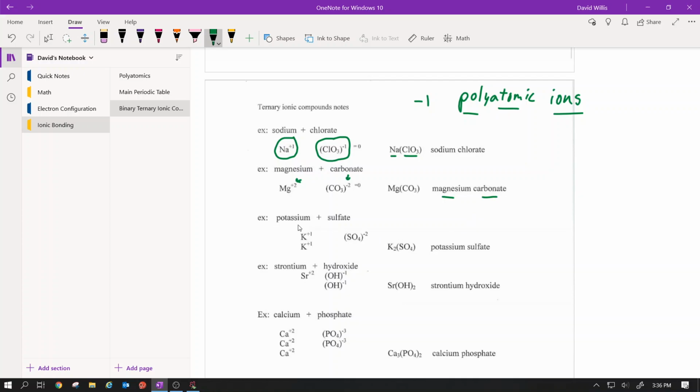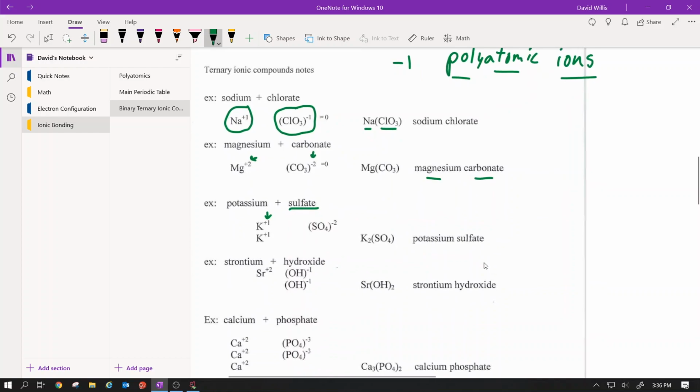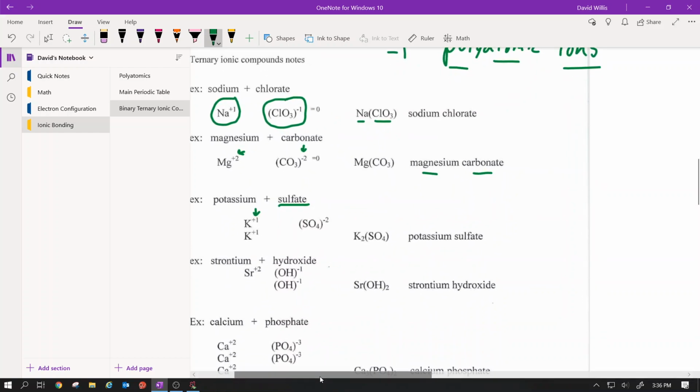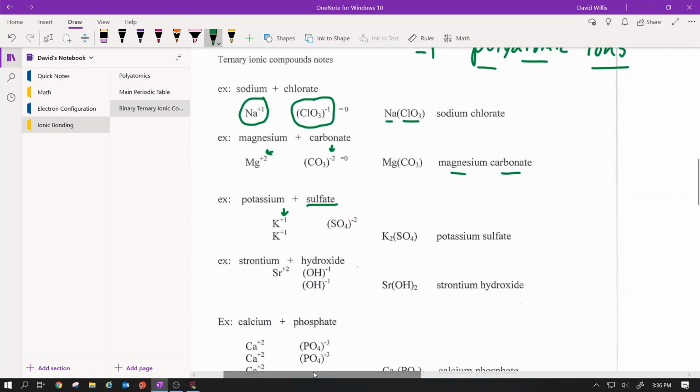But what if I have potassium, which you remember was a plus 1, and sulfate? Everybody find sulfate on the back of your periodic table, and you'll see that it is not in the minus 1 category.